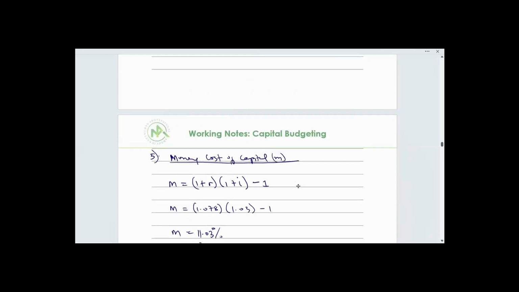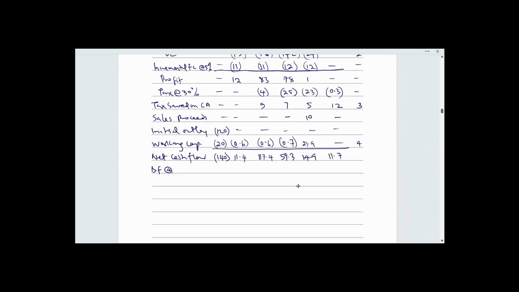See the way we are flowing? That's what is expected on the day of your exam. So my cost of capital to be used is 11%. Discount factor at year 0 is 1. At 11%, for year 1, 1.11 raised to power minus 1 equals 0.901.